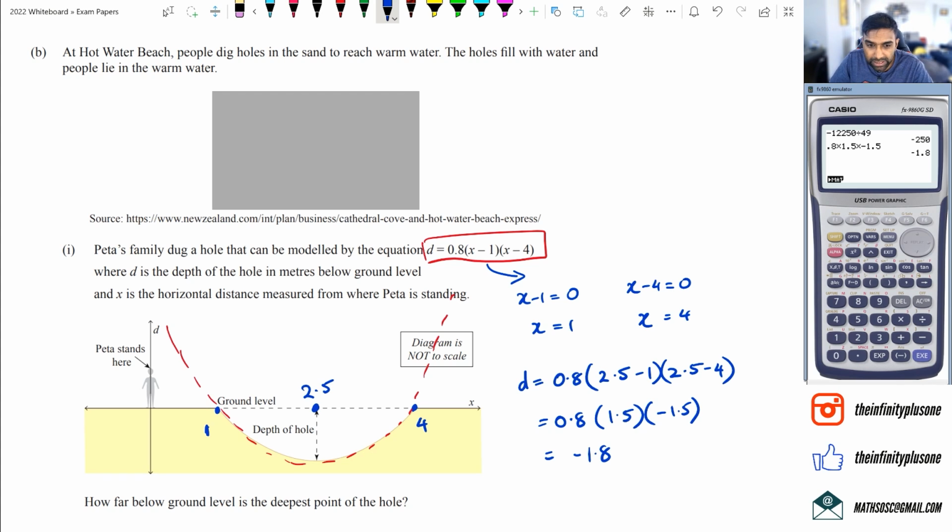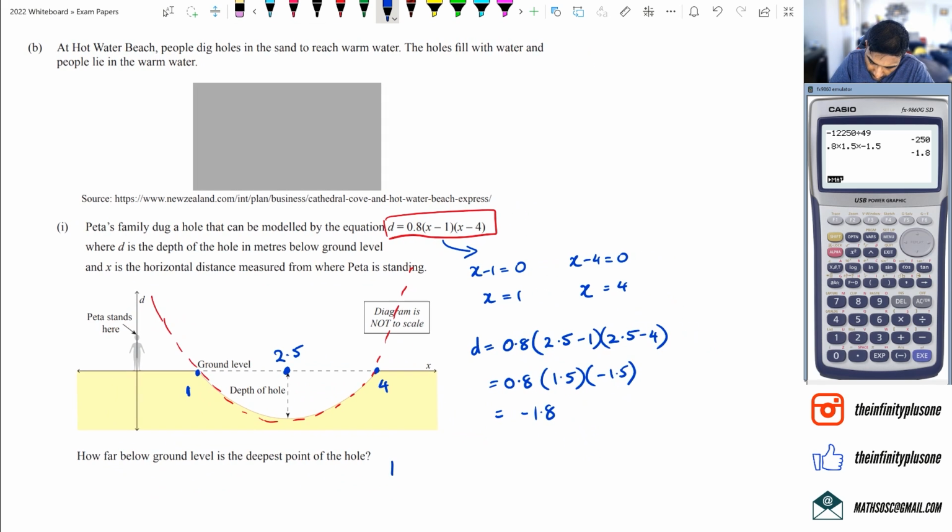All right, so that means how far below ground level is the deepest point of the hole? It is 1.8 meters below ground level. So this question here is worth an achieved. And again, this is just you understanding how the parabola is actually working, all right?